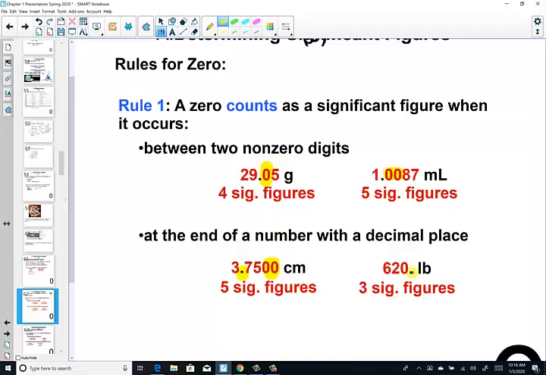Here's a decimal point at the end of the number. That will automatically make 0 a significant digit. Zeros between non-zero digits are always significant. Zeros at the end of a number that contain a decimal place are always significant.